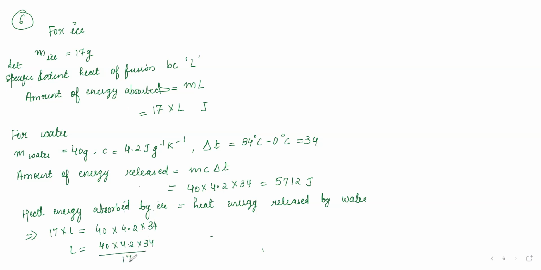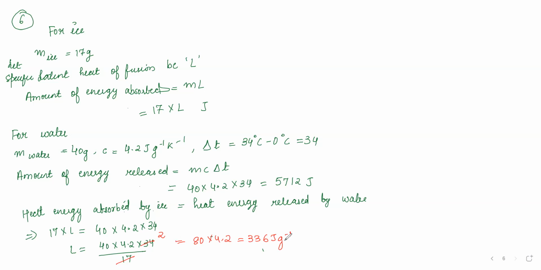Now that you are grown up kids, you should know how to ease your calculations. So here you are getting 8 into 4.2. So this is 8 fours are 32, and then you have one carryover, so 336 joule per gram. So we could have saved ourselves from the calculations.